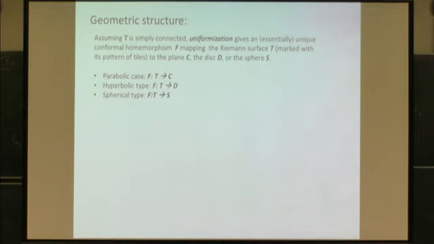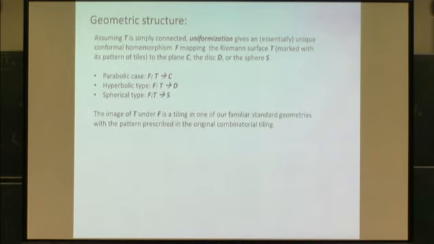We're going to take the simply connected case, although I'd like to point out that one of the features of conformal tiling is you can do this on surfaces. So you can have multiply connected surfaces, higher genus surfaces, and so on. But we're going to do the infinite simply connected case. In any case, you have a uniformization map carrying your Riemann surface to one of the plane, the disk, or the sphere. And what you do is on this Riemann surface, you have all these tiles marked.